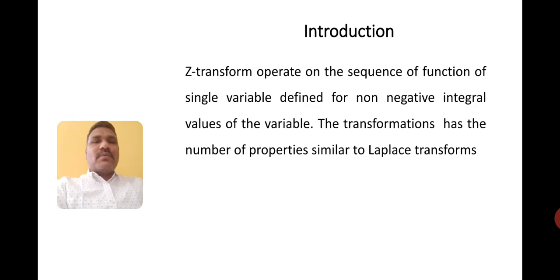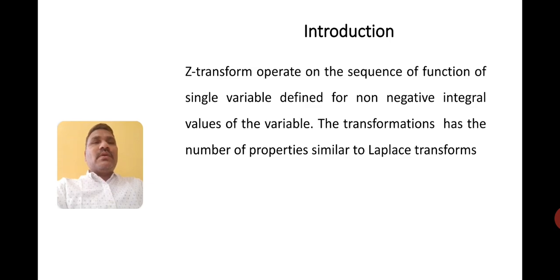That is what I'm talking about with the staircase. Whereas if you see a continuous function, imagine the sine function, that is nothing but a continuous function. So the Z transform is applied for a discrete function, and that too on an infinite summation. So let me try to introduce this Z transform.